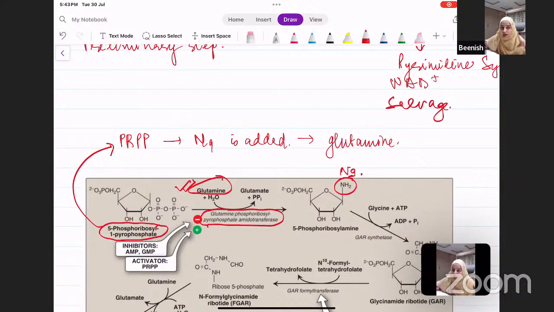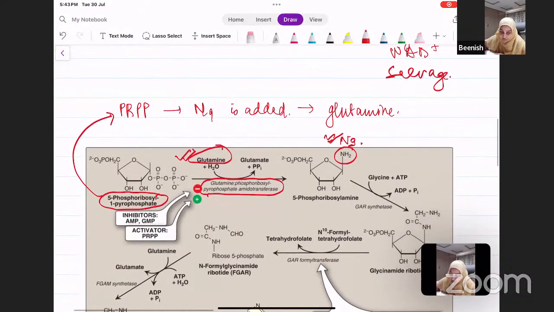But in purines, the nitrogen 9 of purine was forming a beta-N-glycosidic bond with the carbon 1 of the pentose sugar. So now to this pentose sugar, you're adding a nitrogen. So obviously that nitrogen has to be nitrogen 9. Your nitrogen 9 has been added, and the contributor for this nitrogen is your glutamine. So ribose sugar is attached to purine by nitrogen 9 of purine. So we know that this nitrogen that has been contributed by glutamine is the nitrogen 9.